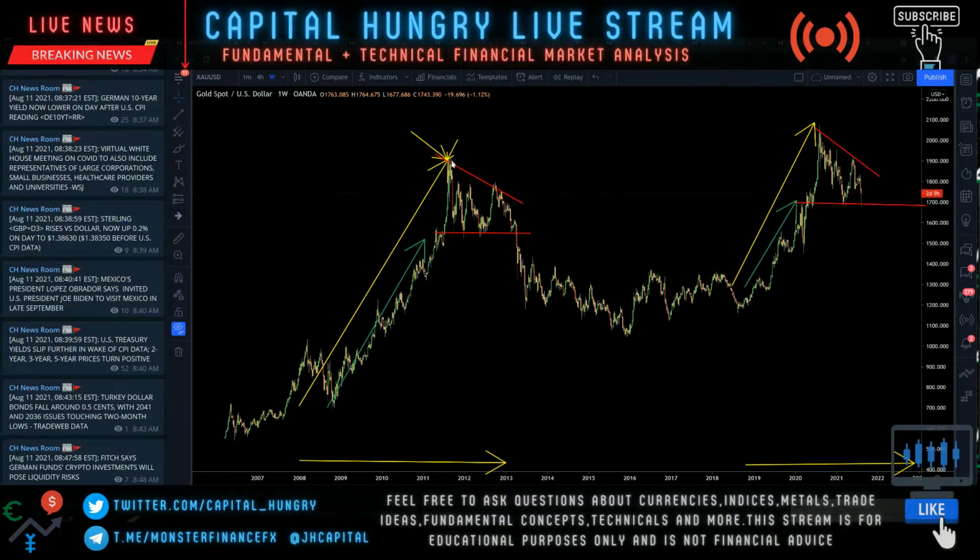All the way until, years later after the 2008 crash, you have economic recovery. And this piece of market structure here is what I want to focus on.